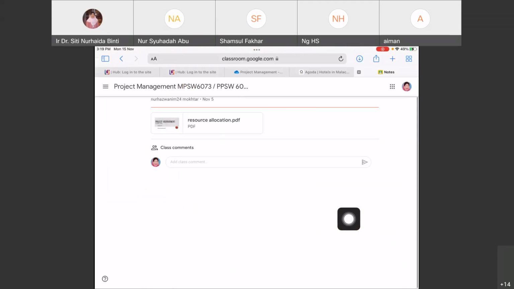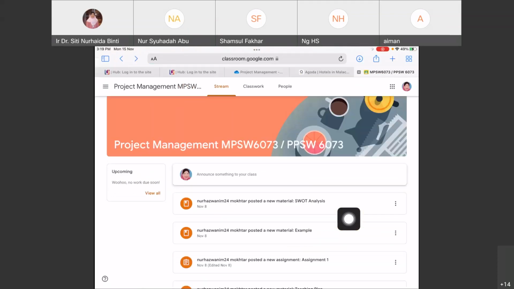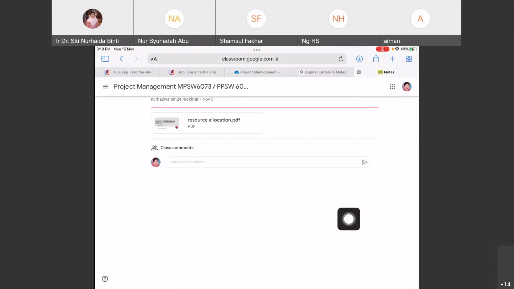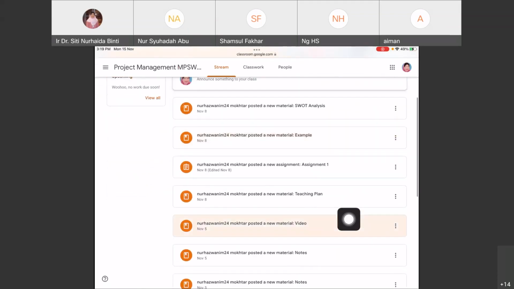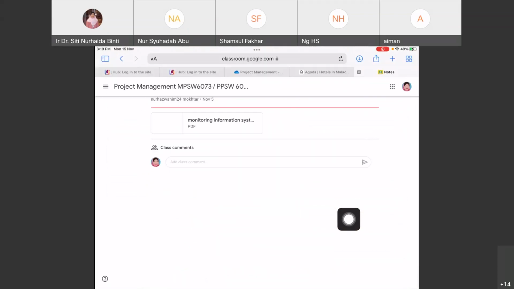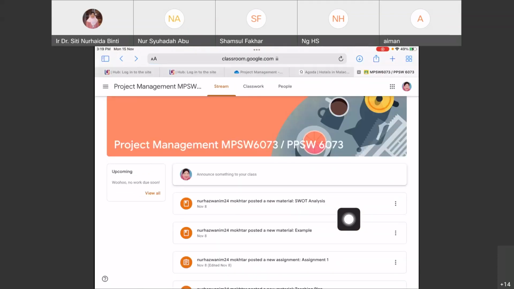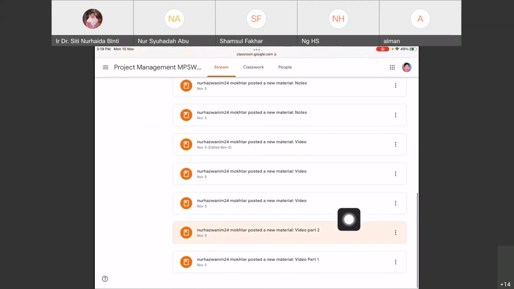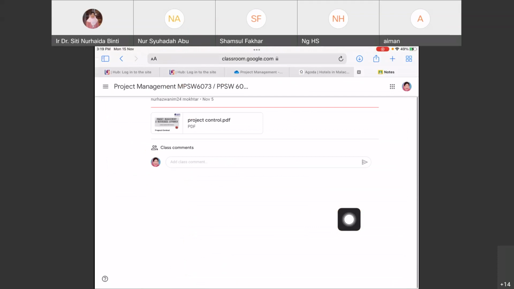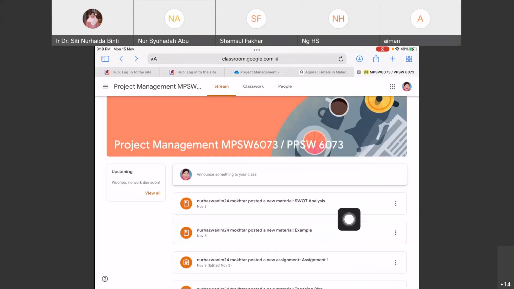Resource allocation. Monitoring system. Project control.